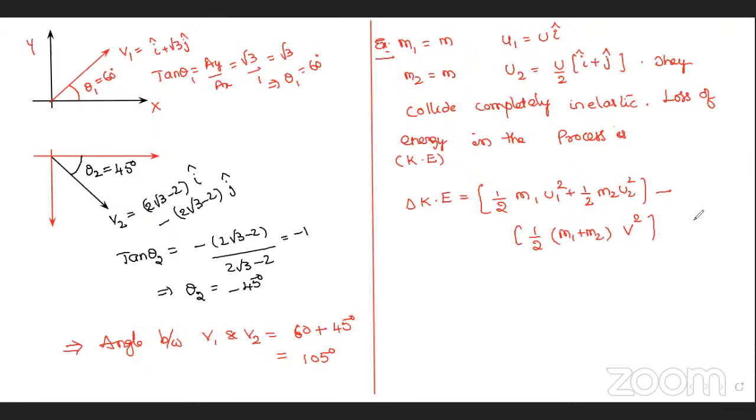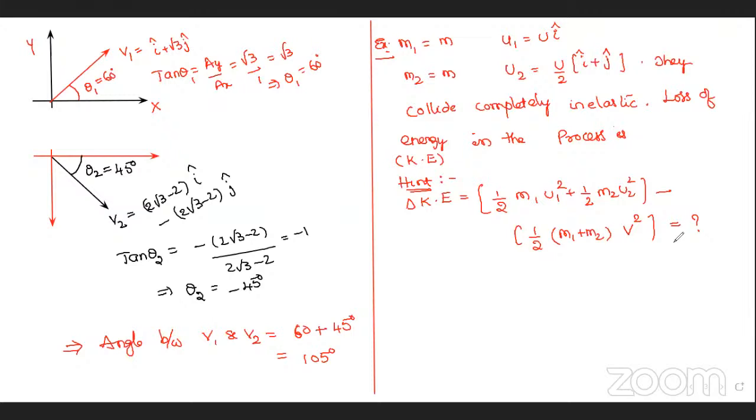This is equal to how much he is asking. It is the hint. Will you solve, Nana? Will you try? Yes, sir. First try to find out V. After finding it, substitute all the magnitudes here: U1 magnitude, U2 magnitude, V magnitude. You will get the answer.